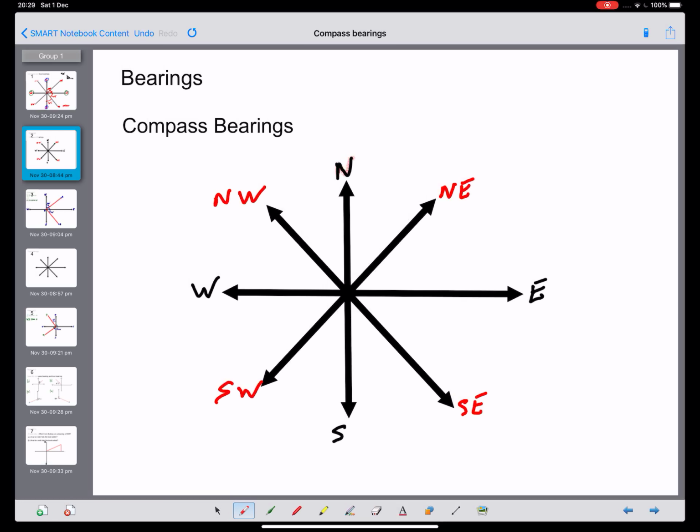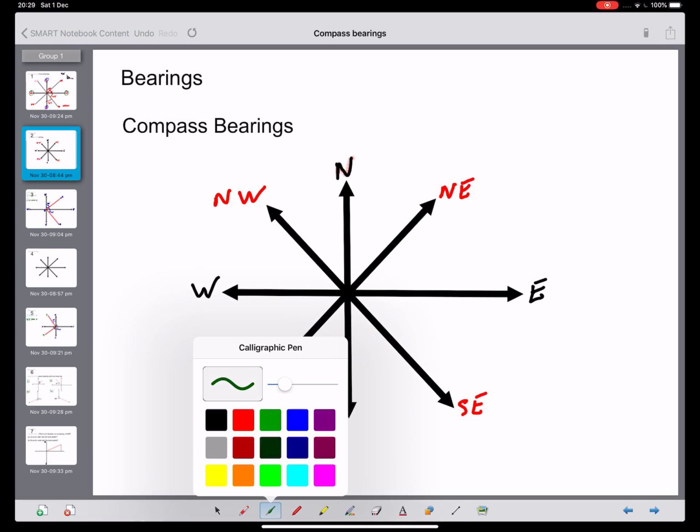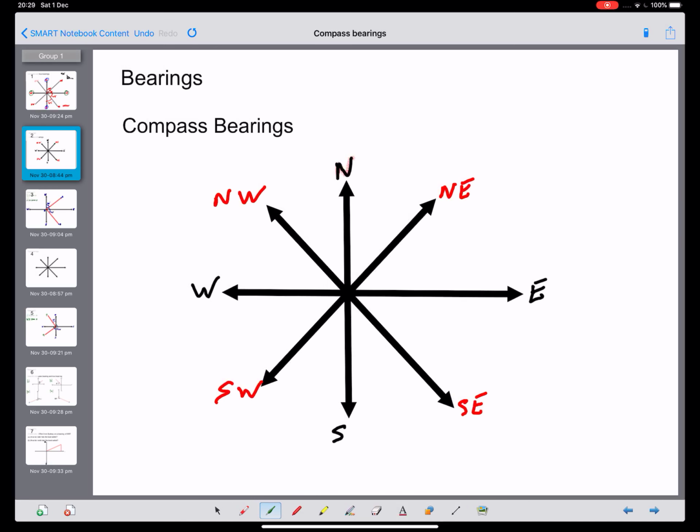So for instance, northeast, if we define it as a compass bearing, is going to be north 45 east. Now, we always name the direction going from north or south.